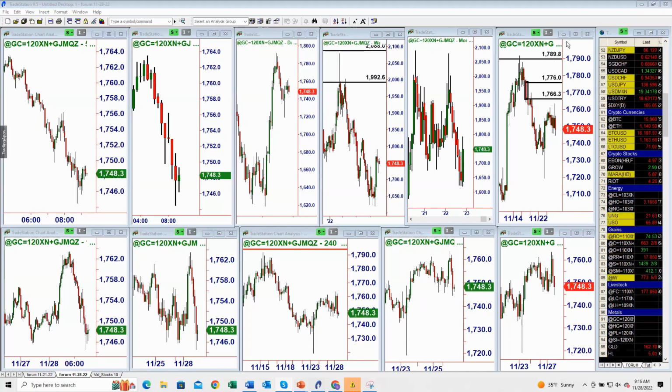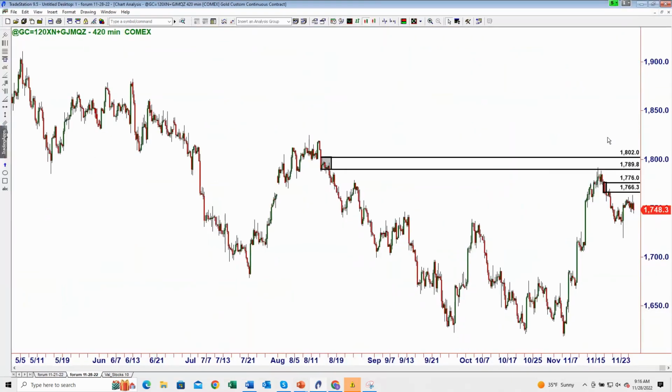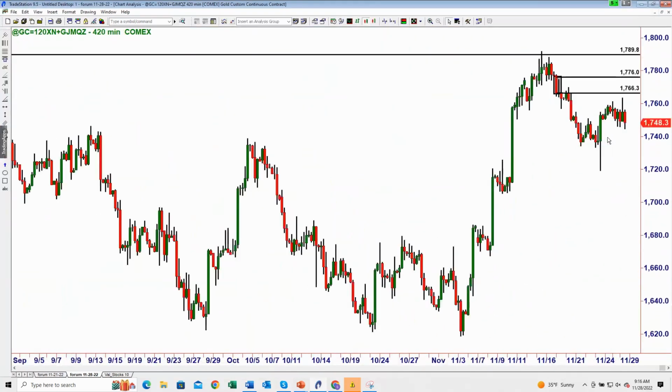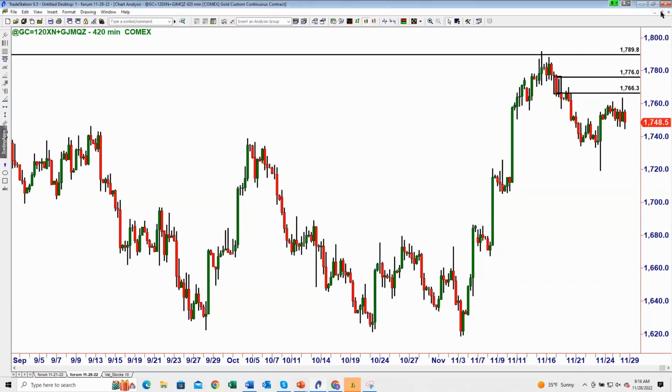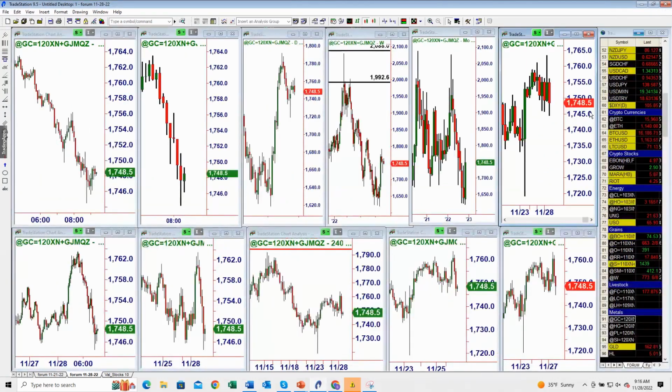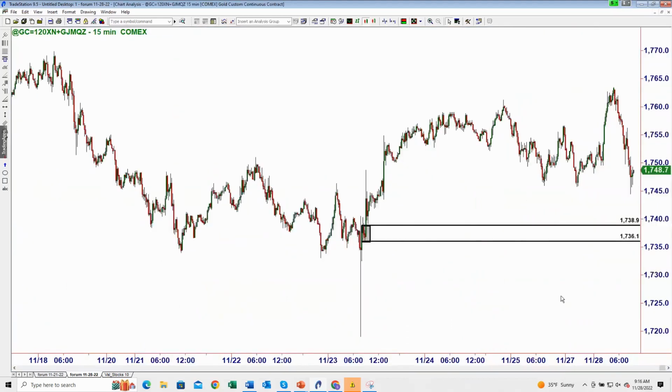So there are a few zones to look at. The first one is a tested supply zone in gold, 1766. Really, the fresh part of that is going to be closer to 1770. On the demand side, we're looking just a little bit lower inside the range, lower probability, 1739 demand zone there.